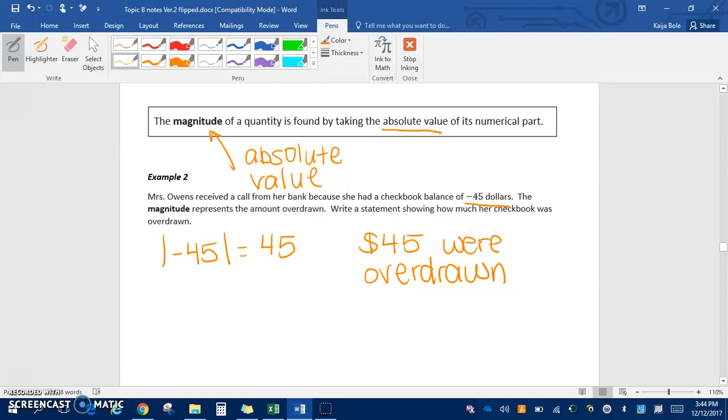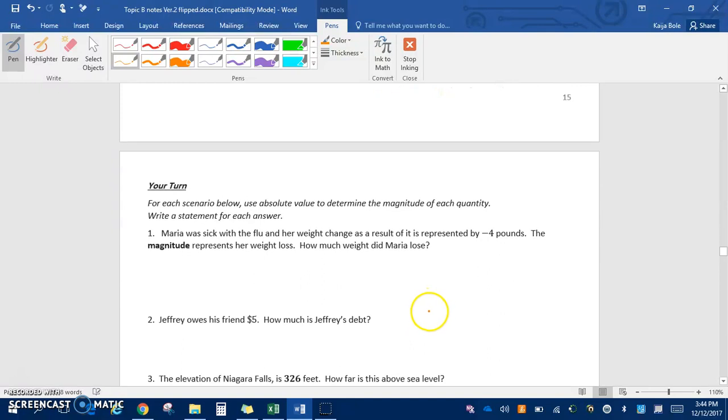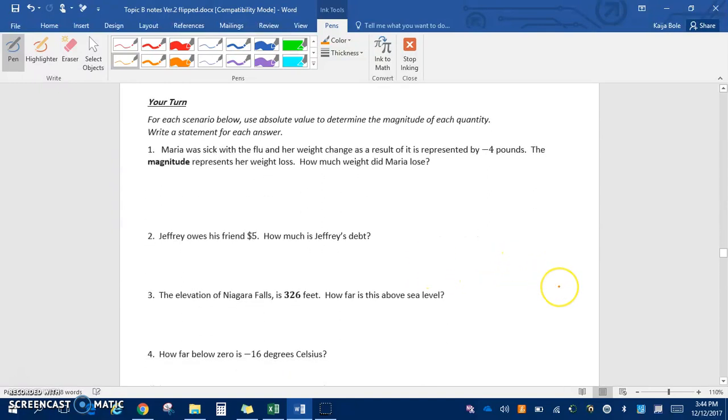If you flip over to the next page, we've got a few more examples to try together, and then I'll have you try one on your own. It says for each scenario below, use absolute value to determine the magnitude of each quantity and then write a statement for each answer. Number 1 says Maria was sick with the flu and her weight change as a result is represented by negative 4 pounds.